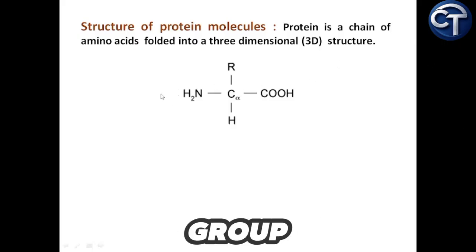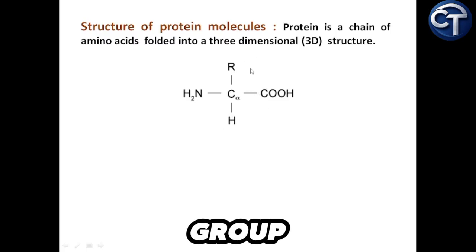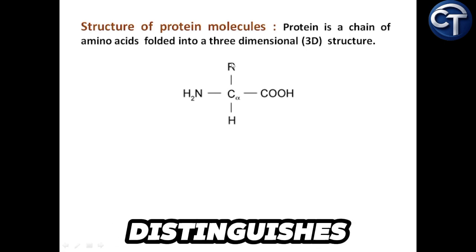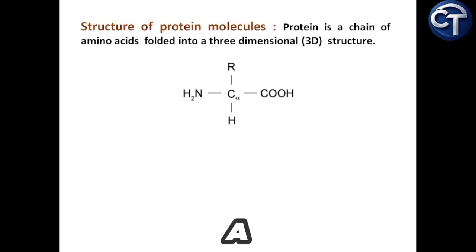One amino group, one carboxyl group, hydrogen atom, and a side chain. And this group is the variable component of the amino acid, and it distinguishes one amino acid from another. It can be as simple as a single hydrogen atom, or it can be a complex structure.